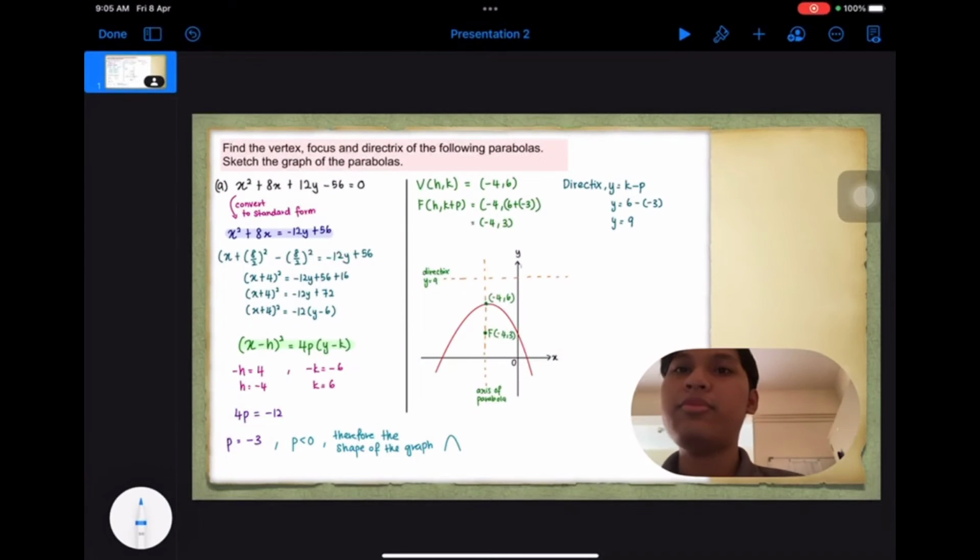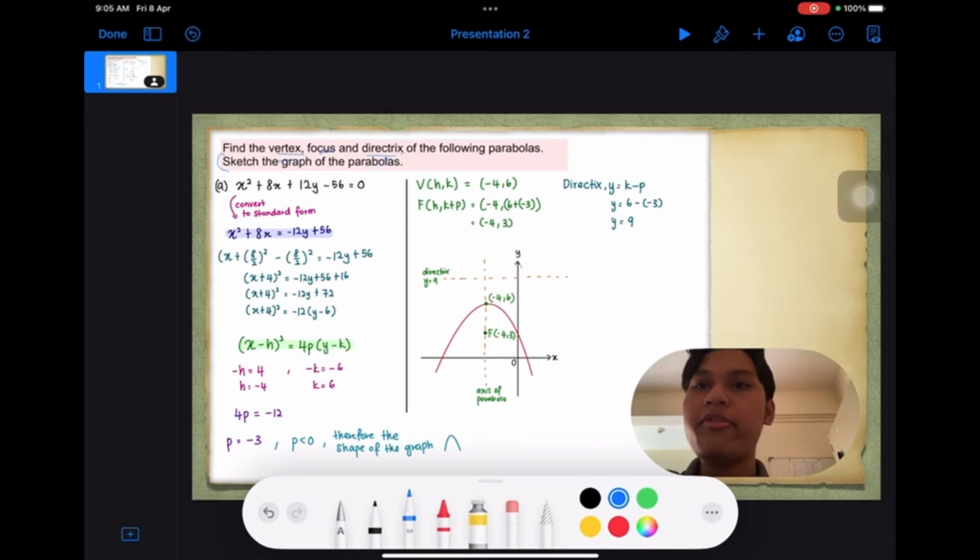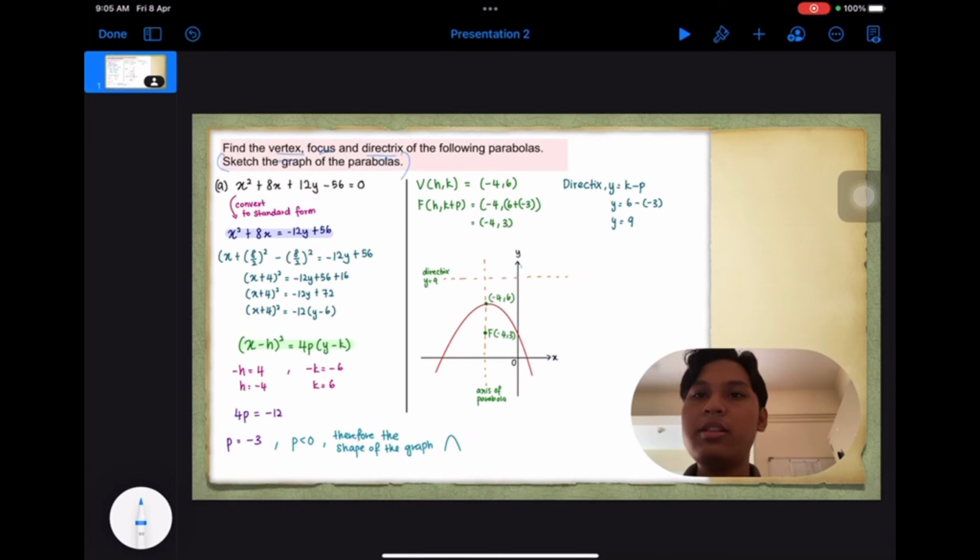Alright, let's jump to this question. This question asks us to find the vertex, the focus, and the directrix of the following parabola and sketch its graph. The question gives x squared plus 8x plus 12y minus 56 equals 0.